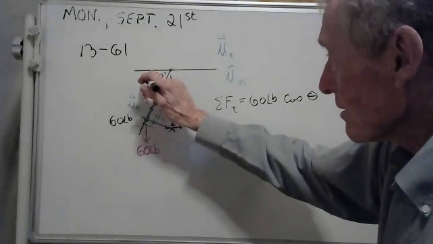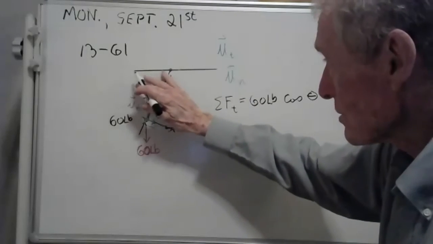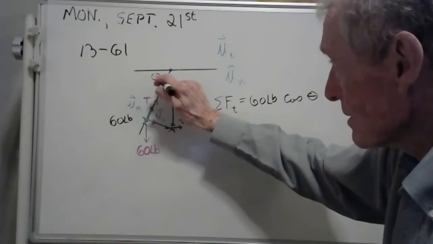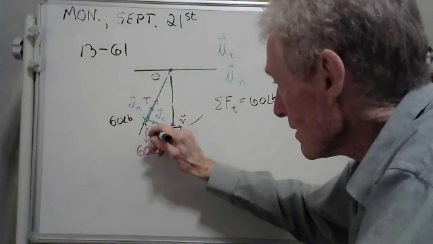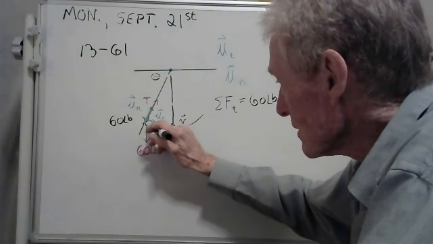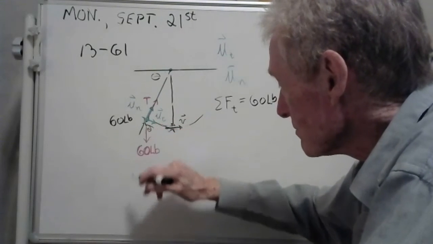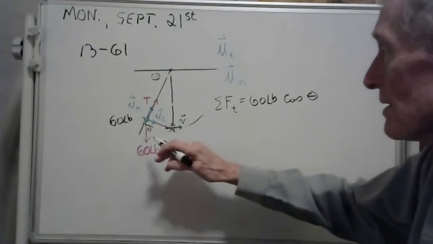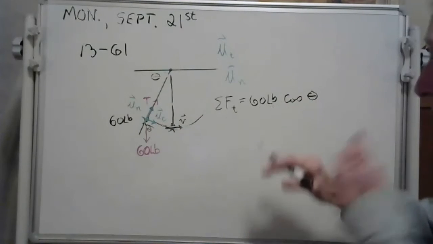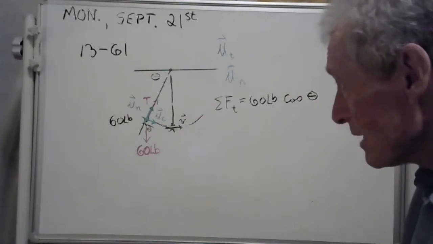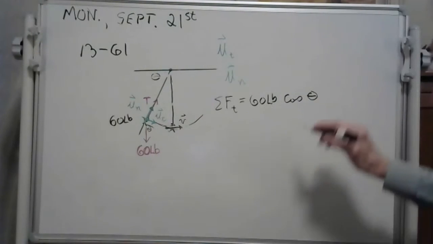I know it's 60 pounds in the picture there, but if it's theta in general, then that theta is right there. And the component in the tangential direction is 60 cosine theta. Okay, that's it on the left.